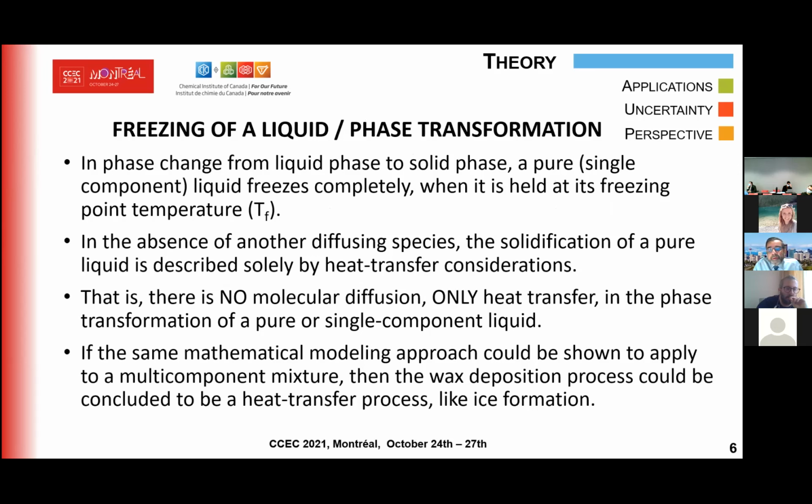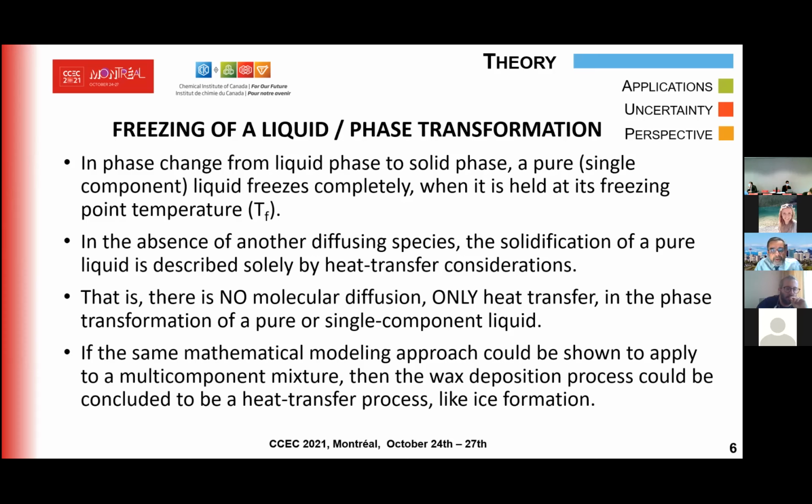In phase change from liquid phase to solid phase, a pure single component liquid will have a well-defined freezing point temperature. In the absence of another diffusing species, the solidification of a single component liquid will be described solely by heat transfer. There cannot be any mass transfer because there is no other diffusing species.